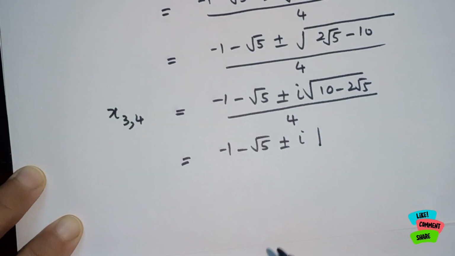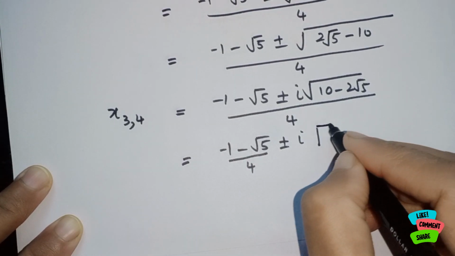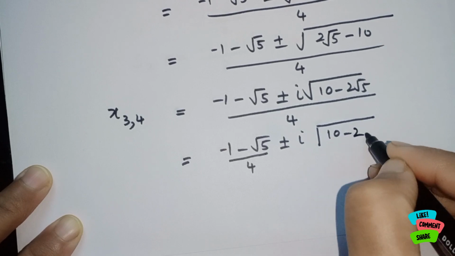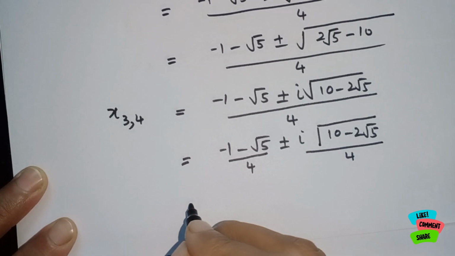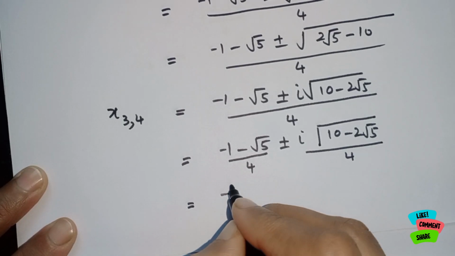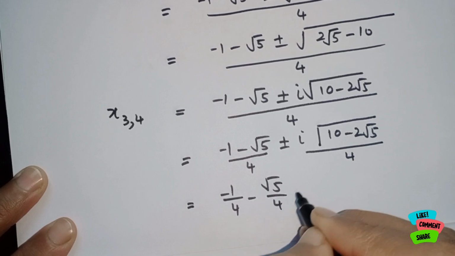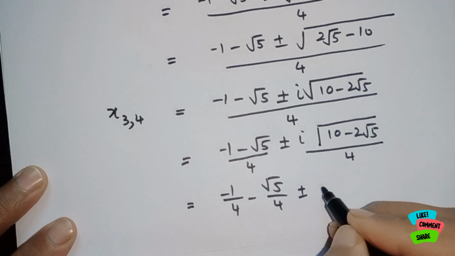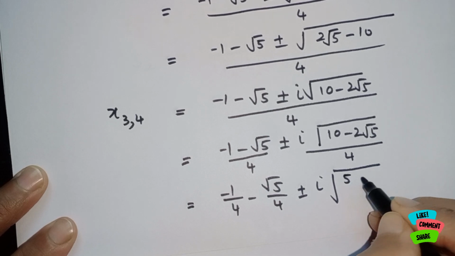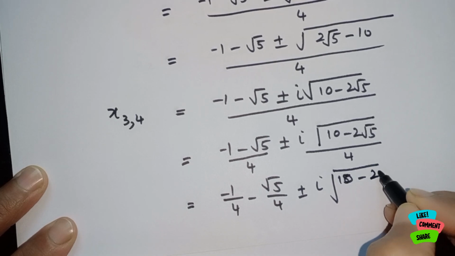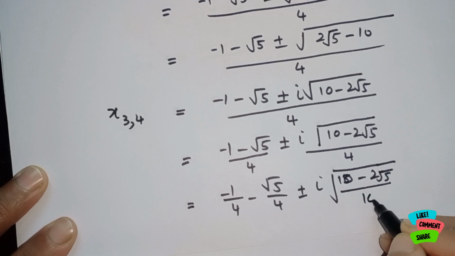Here we will divide each expression with 4 separately. And we will bring this 4 into the square root. Here we will write minus 1 over 4 minus square root 5 over 4 plus or minus. This 4 will go into the square root, and we will get 10 minus 2 square root 5 over 16.